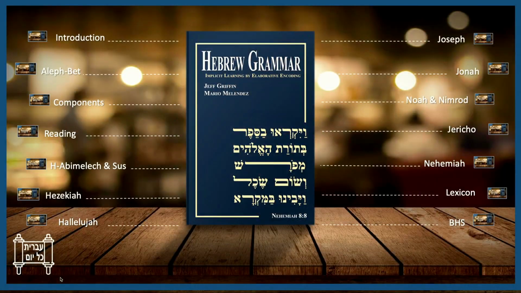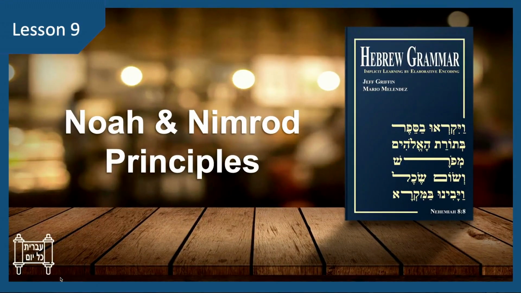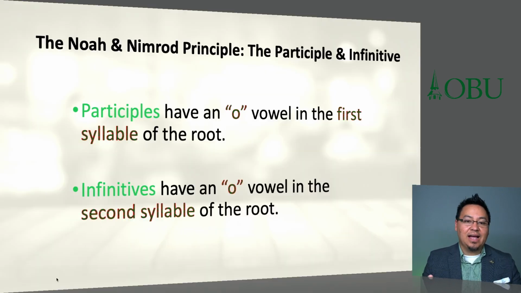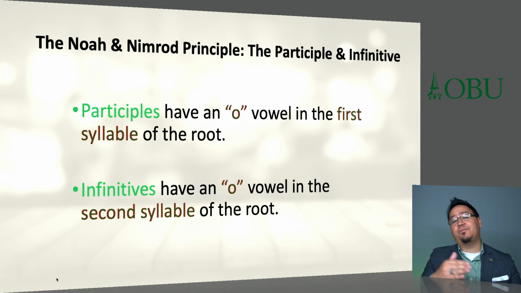The topic at hand that we're discussing today is 2 more name topics because our book is actually flowing through names to teach principles. The names that we're covering today are Noah and Nimrod, two really fun names. The Noah and Nimrod principle is going to avail to us exactly what participles and infinitives are in the biblical text.